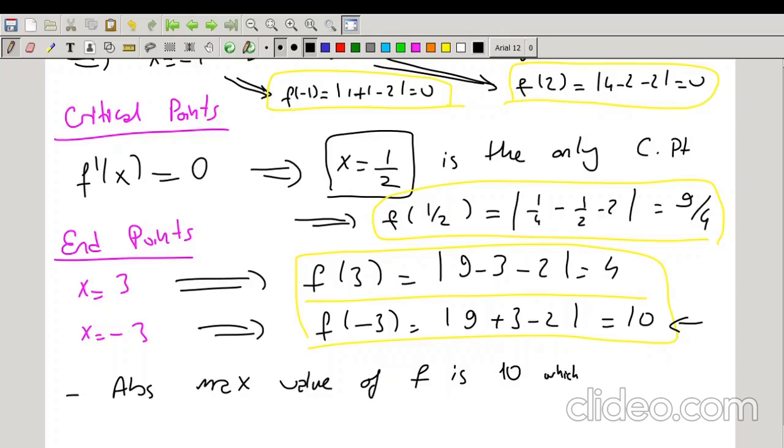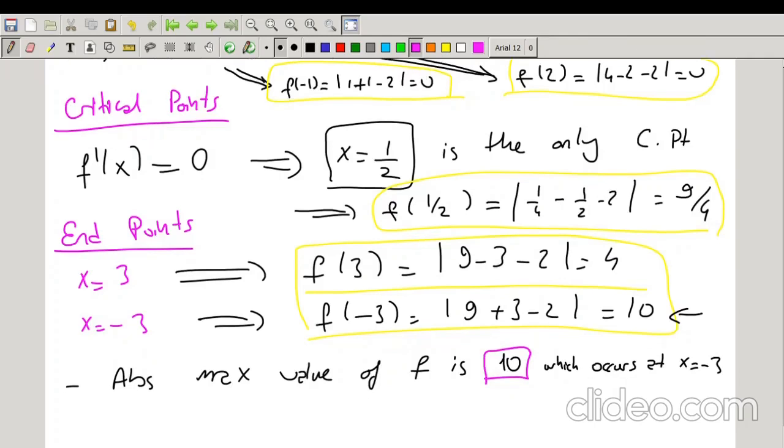which occurs at x is equal to -3. But the important thing here is 10 is important for us. But if the question says at which point f has maximum value, then you must state x is equal to -3.